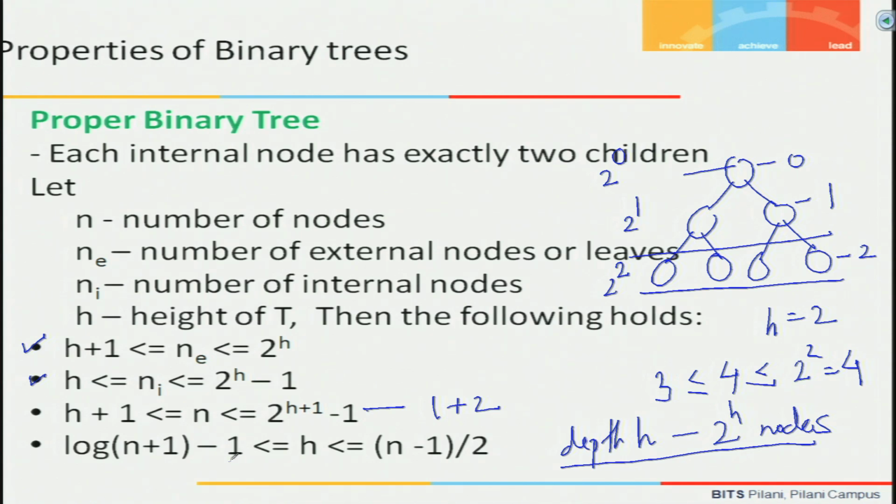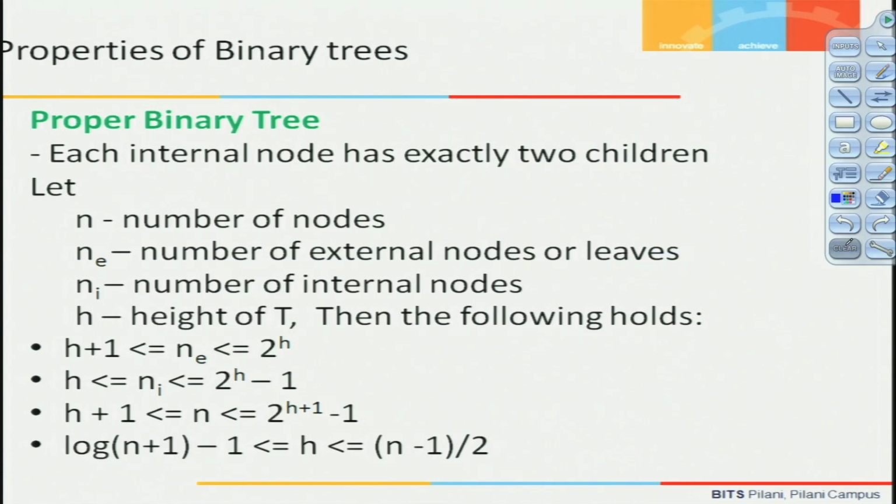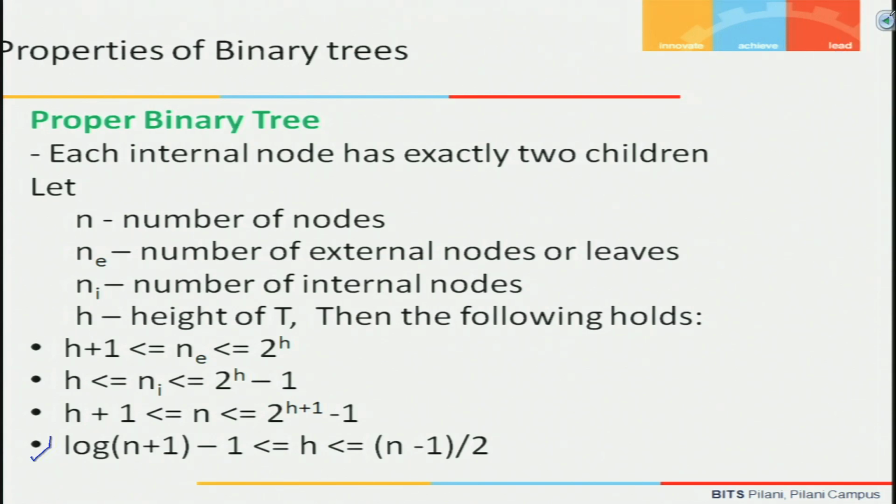Let us look at the last property. What you want is a relationship between h and n, where n is the number of nodes in your tree and h is the height of the tree, and it is captured via the following relation.